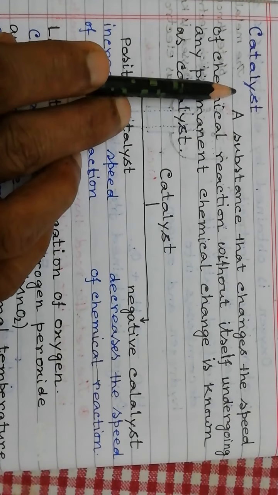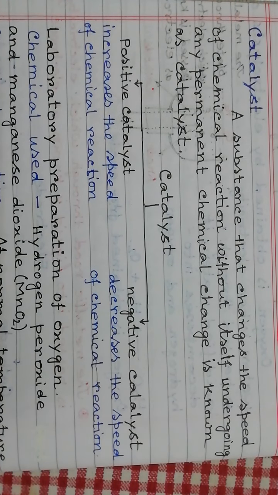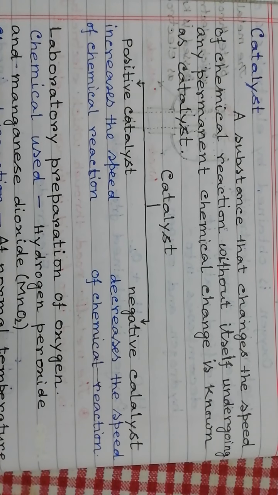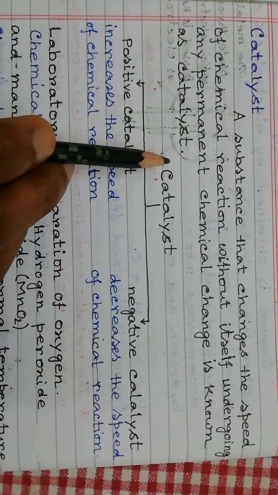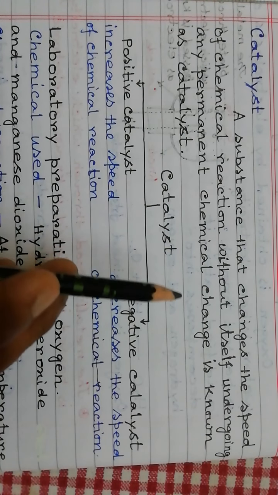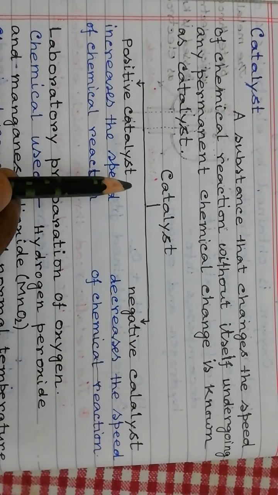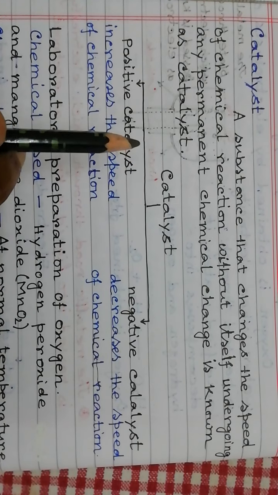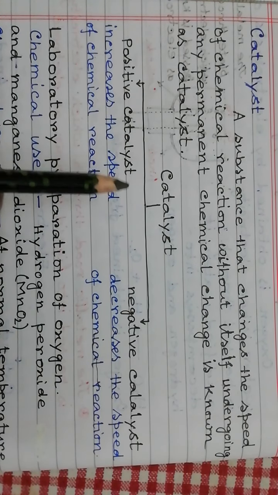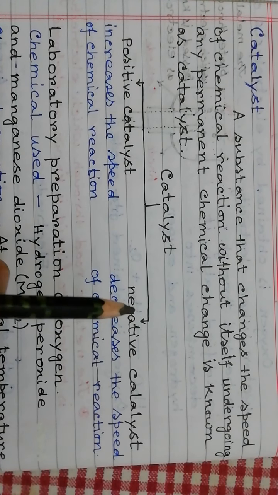This is the catalyst. In the previous example, when the potassium chlorate is heated, the manganese dioxide is used as a positive catalyst. That means manganese dioxide increases the decomposition of potassium chlorate into potassium chloride and oxygen.